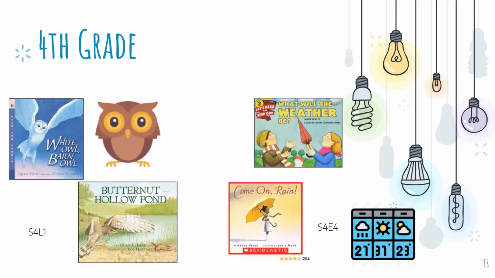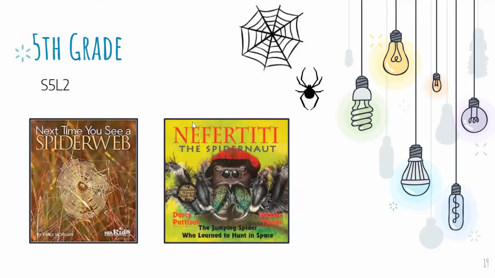You could look at cause and effect, depending on the phenomena you're using or how you want your students to engage with these books. So you have some flexibility there, but some lenses are a little more obvious than others. I'll say that. And now I'm going to show you a couple other books.